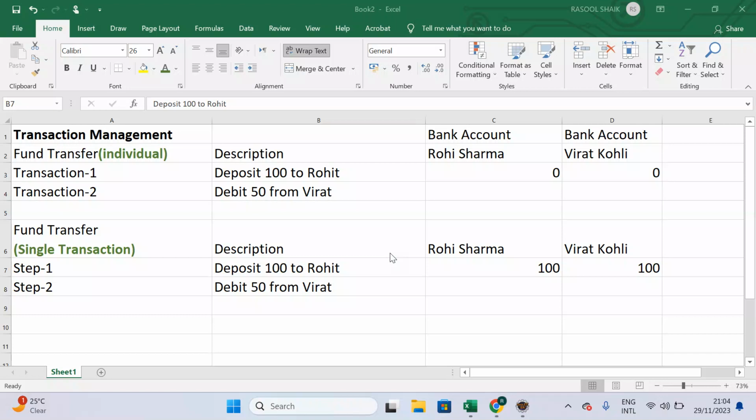If you learn all three concepts, you will become a master in transaction management.